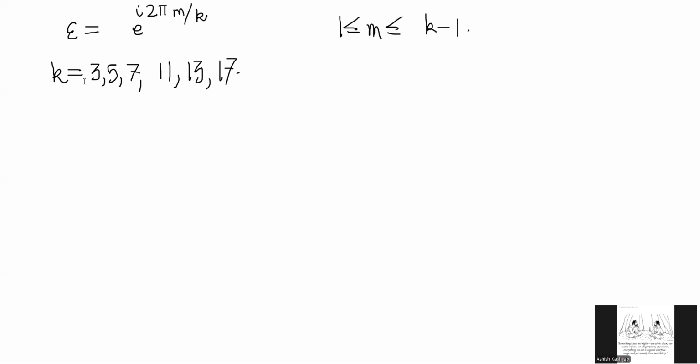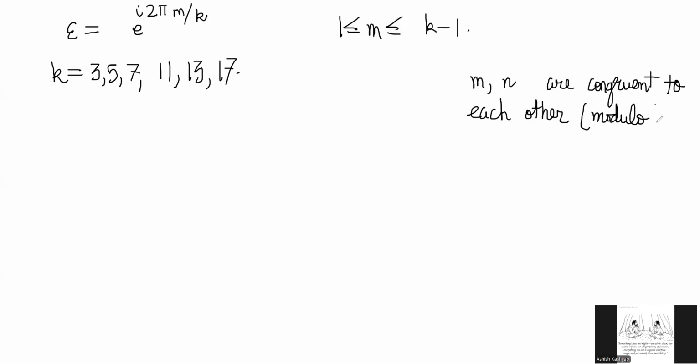In that case, we have a property that when two numbers m and n are congruent to each other modulo k, then epsilon power m will be equal to epsilon power n.